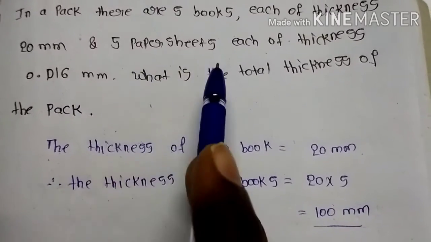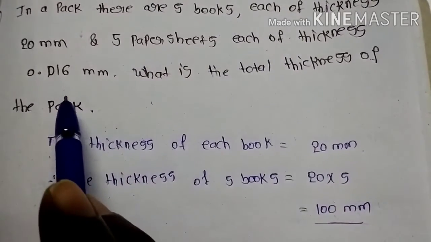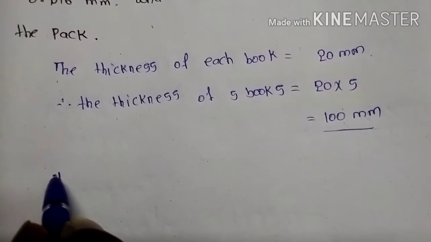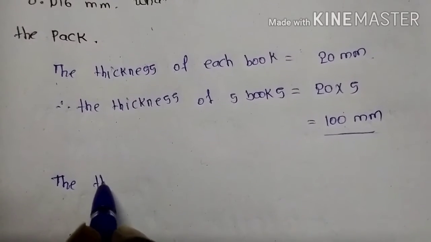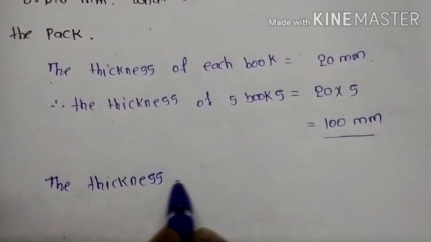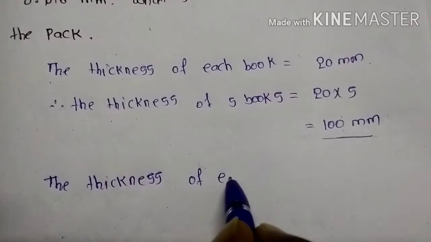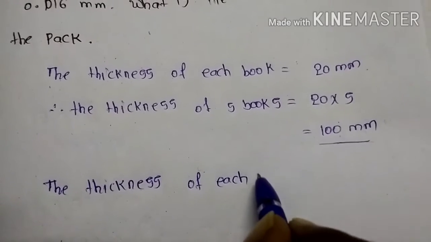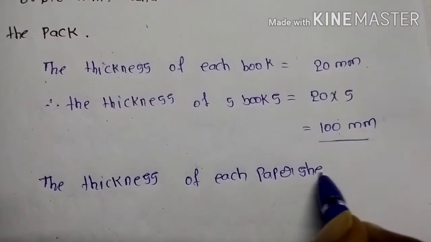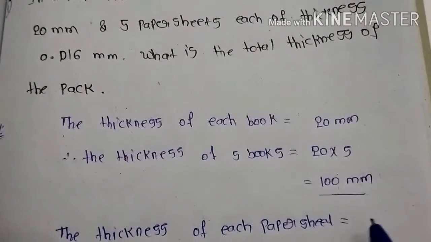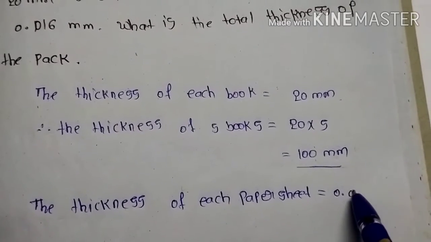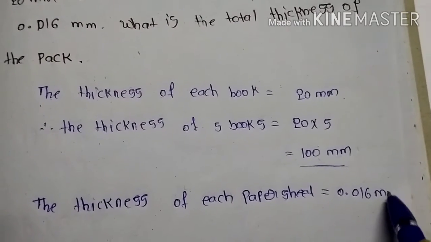In a similar way, you need to find the paper sheets' thickness also. See here, 5 paper sheets, each of thickness 0.016 mm. That means you can write here the thickness of each paper sheet is equal to 0.016 mm.